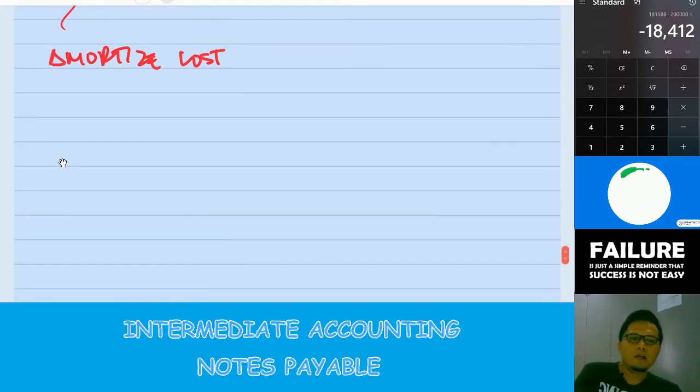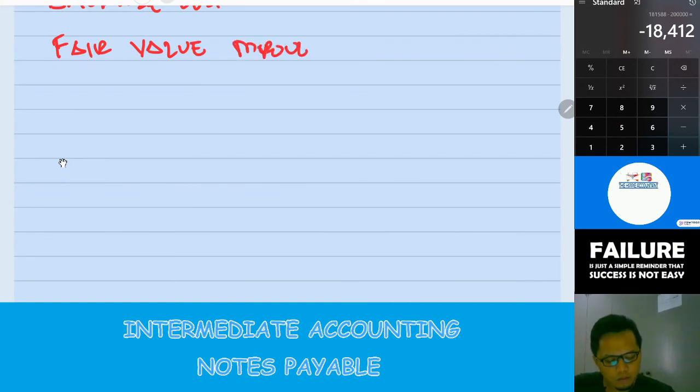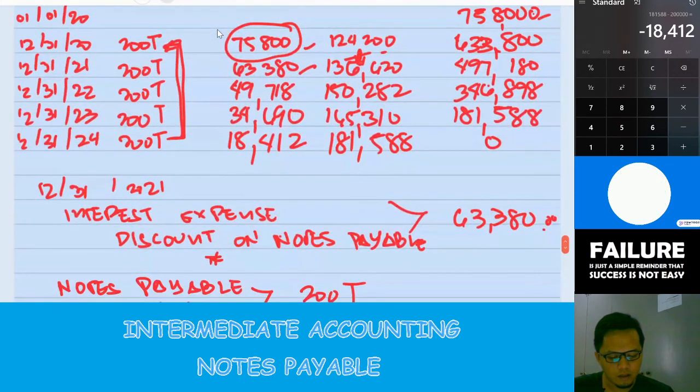If on the other hand, okay, if on the other hand, the entity irrevocably designates its financial liability, in this particular case the notes payable, as fair value through profit and loss, then obviously, wala na tayong ginagawa ng mga ganito. Okay?